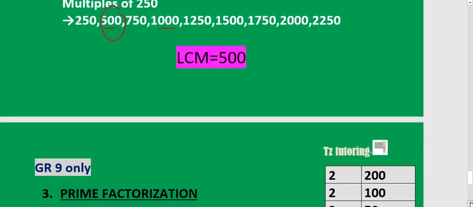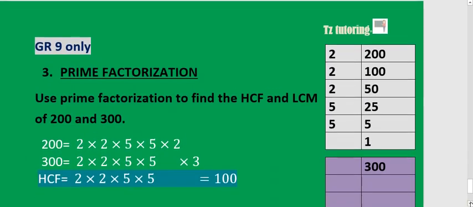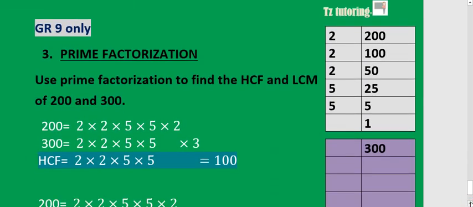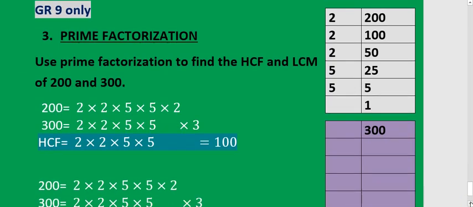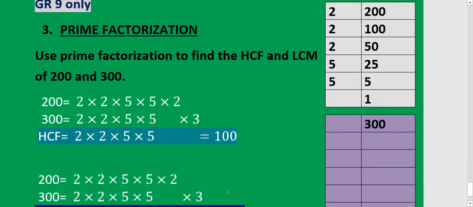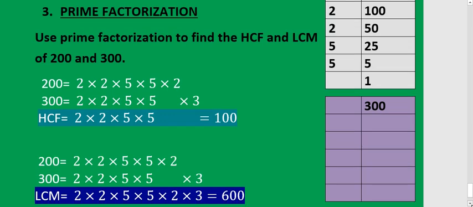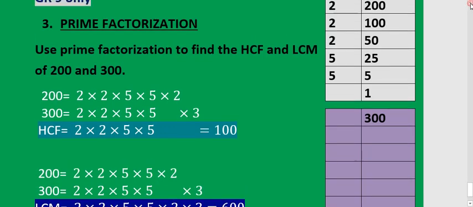Let's move on. This part is for grade 9 only. Prime factorization. Prime factorization means you do not list the factors to find the HCF, and you do not list the multiples to find the LCM. What you need to do is use the prime numbers.